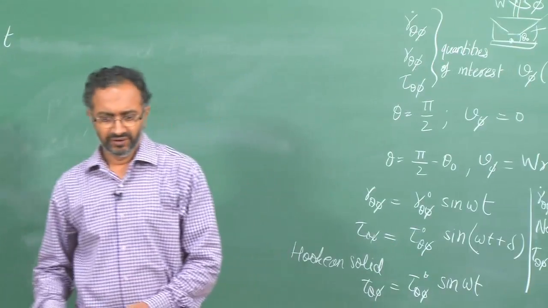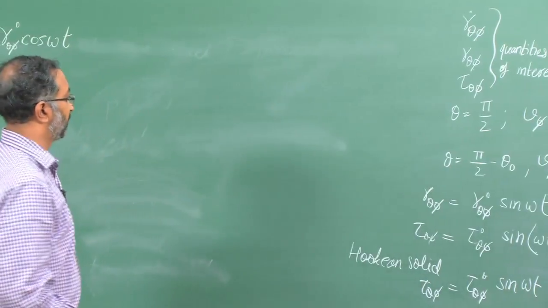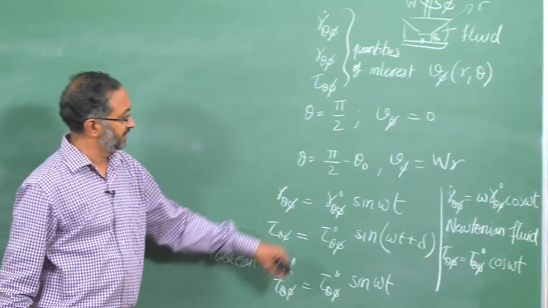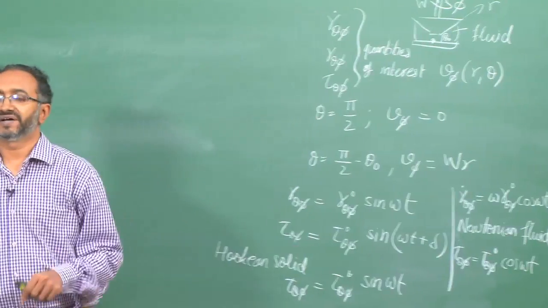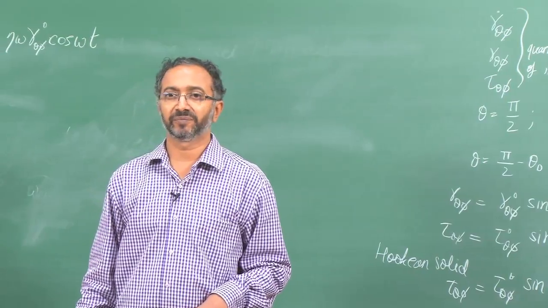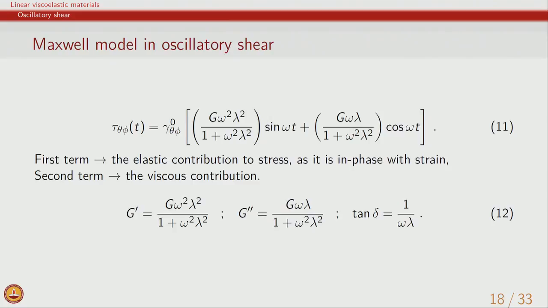Generally what we do is the following: we will solve for tau theta phi, and then based on those we will define material functions. So, let me first show the solution for the Maxwell model, and then we will come back and look at the solution.